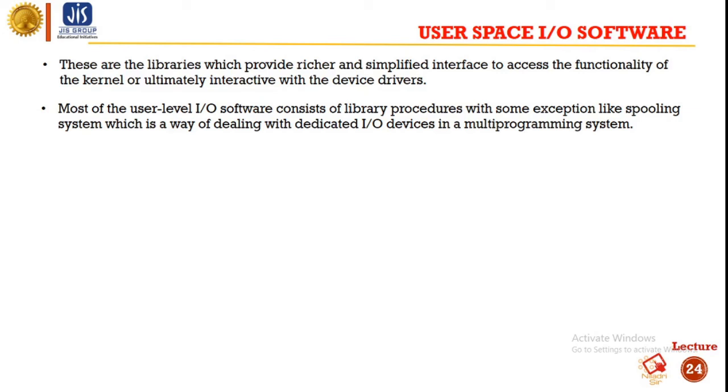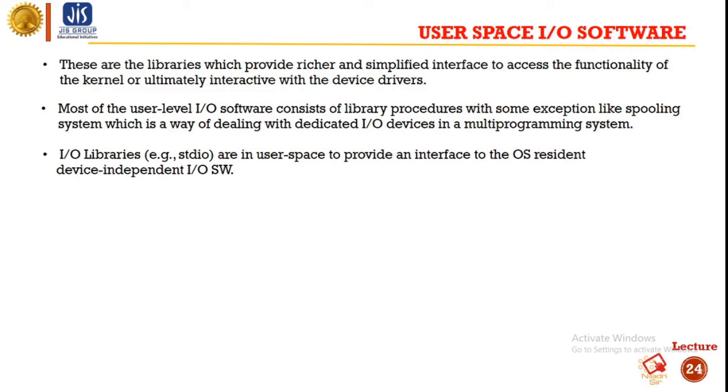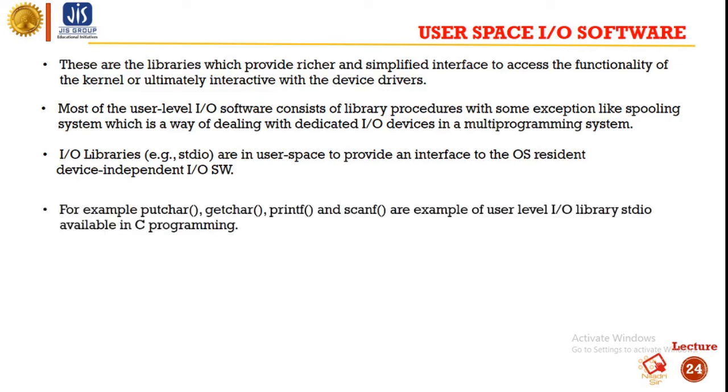Most of the user-level I/O software consists of library procedures, with some exceptions like the spooling system, which is a way of dealing with dedicated I/O devices in a multi-programming system. I/O libraries, for example stdio, are in user space to provide an interface to the OS resident device independent I/O software. For example, putchar, getchar, printf, and scanf are examples of user-level I/O library stdio available in C programming.